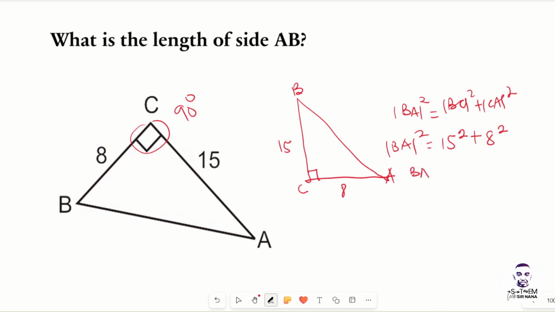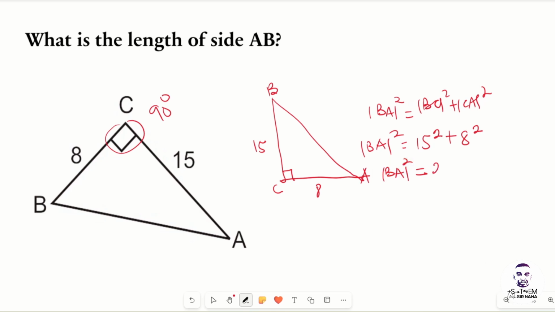So BA all squared is equal to, now 15 squared gives us 225, and 8 squared gives us 64. When we sum 225 plus 64, our BA all squared should be equal to 289, right?